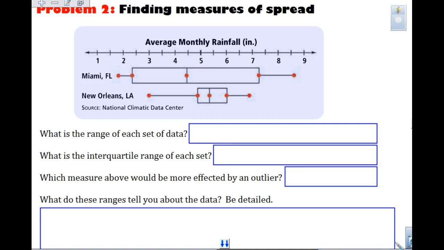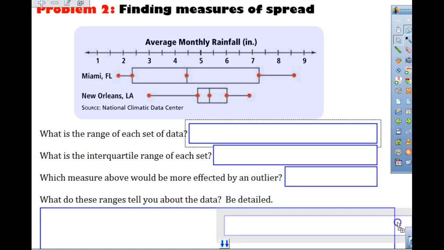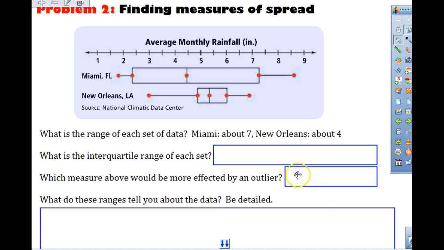We want to get to this, but more importantly we want to get over to page 15 in your notes. If you don't have a calculator, you need one. So if we are looking at this, could we easily tell the range for each of these two? So we're going to take and subtract them. For Miami, it looks like it's about 8.5 down to, if we were subtracting that, we might say Miami's at about 7, New Orleans about 4.